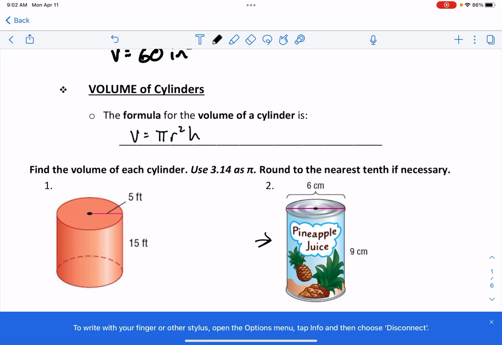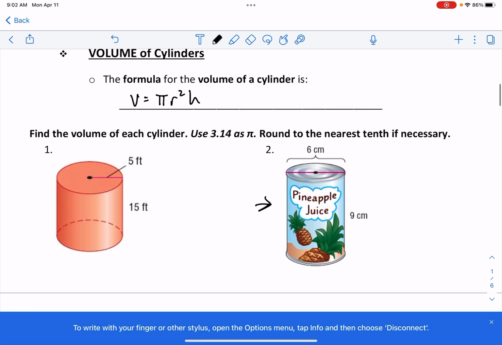So if we go to each one of these here, we're going to have V equals pi, which is just 3.14 we're going to use, times 5 squared times 15.